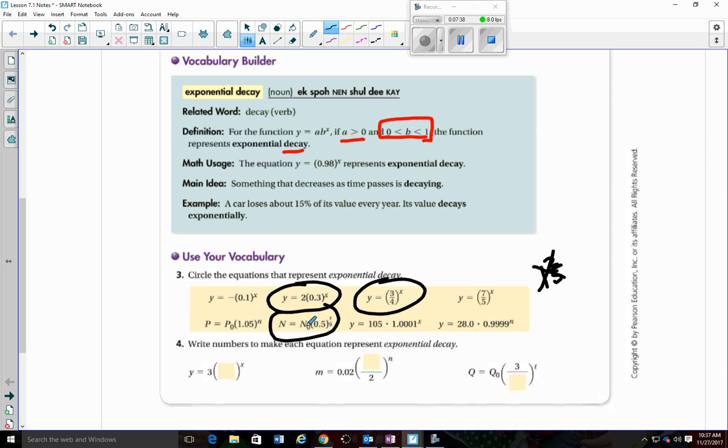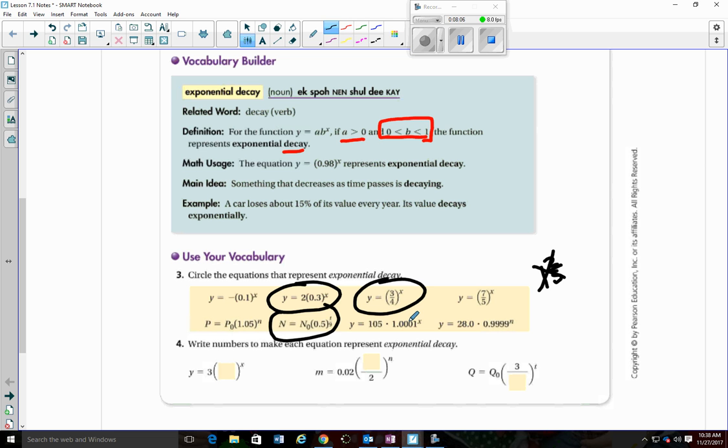As long as that n sub 0 is something positive, then this is an exponential decay because, again, my base is 0.5. That's between 0 and 1. Okay, what about this next one? Is that a decay? It is so small. Yes, it's larger than 1, so that's not a decay.